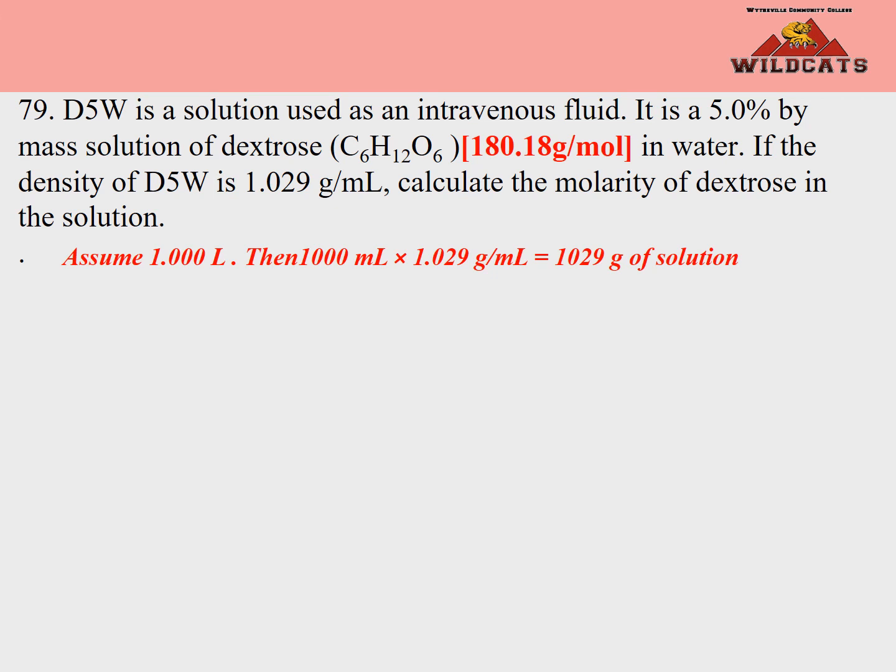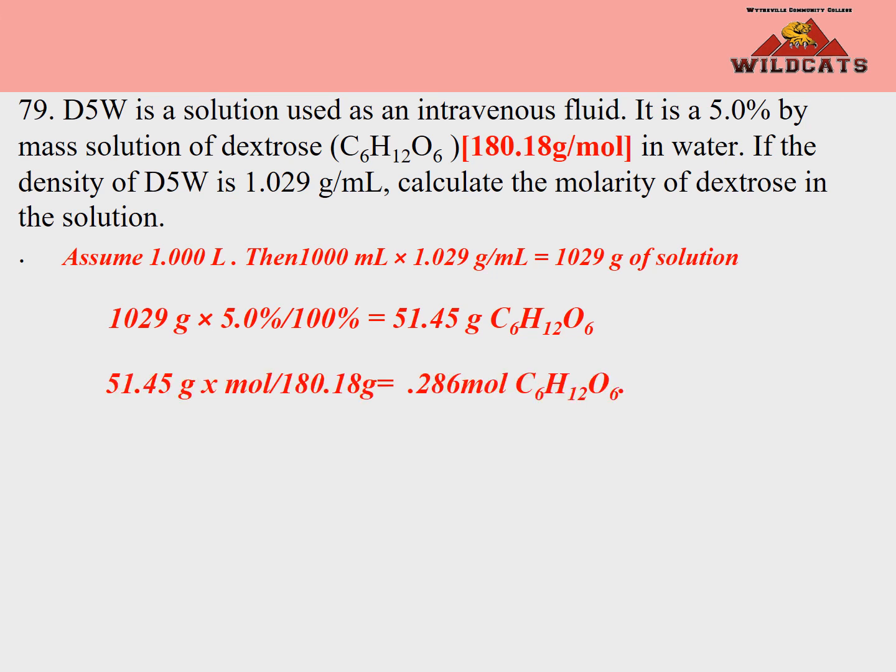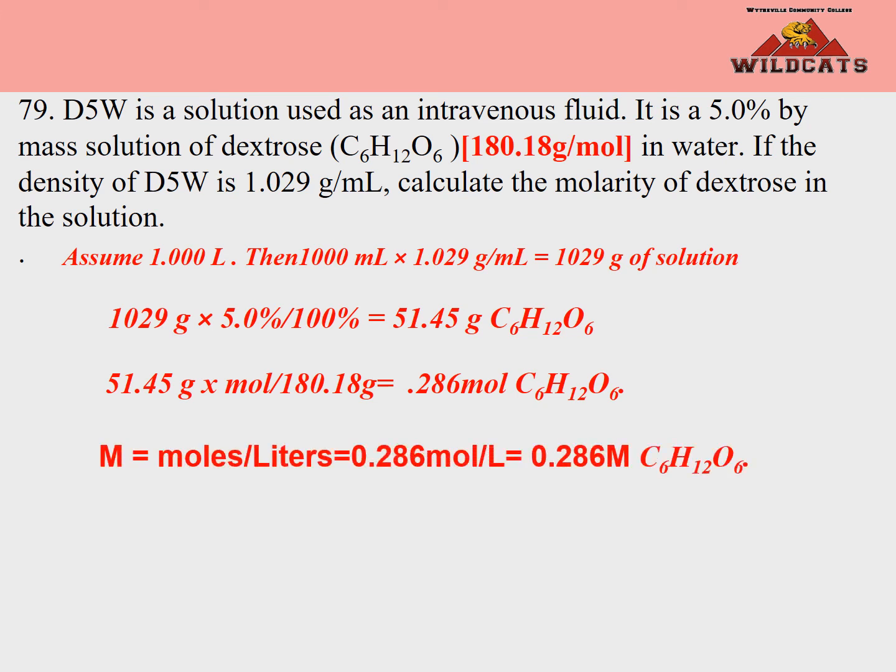And so we're going to have 1,029 grams of solution, 5% of which is dextrose. So we end up with 51.45 grams of dextrose. We have to take the grams and convert it to moles. We end up with 0.286 moles, but because we started out with a liter of solution, moles per liter, we end up with a 0.86 molar solution of dextrose.